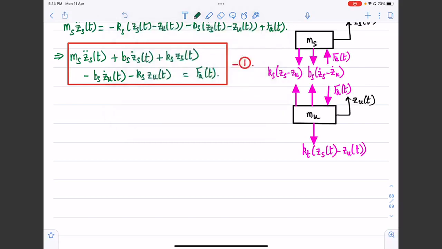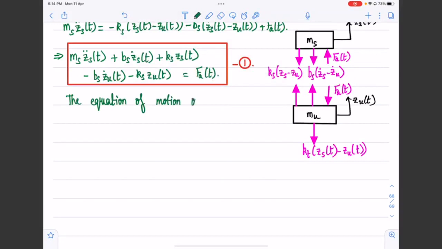Now, we can consequently write down the equation of motion of the unsprung mass.